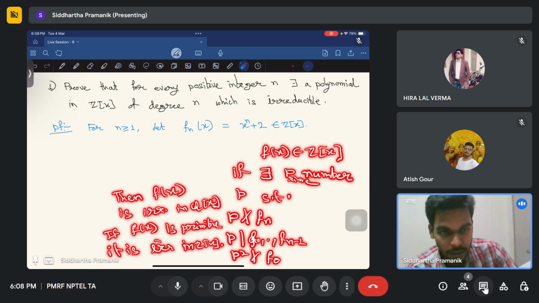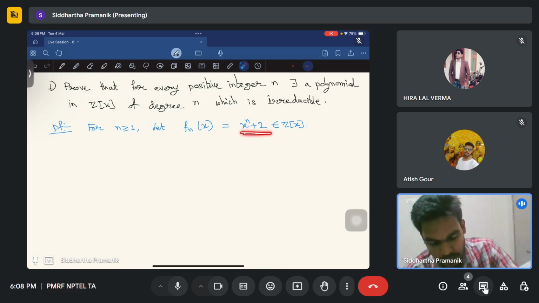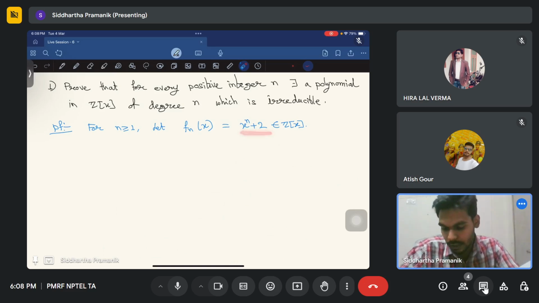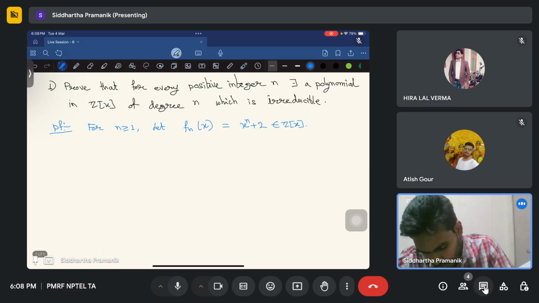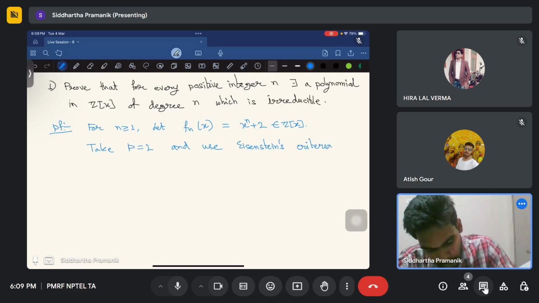Primitive polynomial means the GCD of all the coefficients is 1. So in our case, this is a primitive polynomial. So we can use the Eisenstein criterion if we can find some prime. So just take the prime p equals 2 and use the Eisenstein criterion.